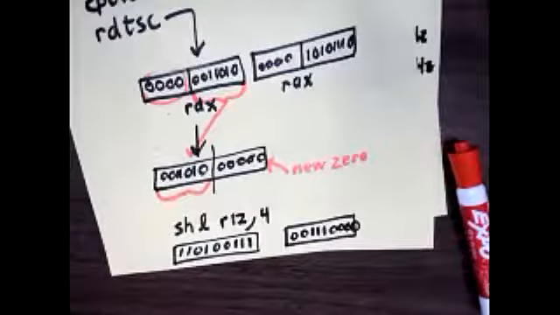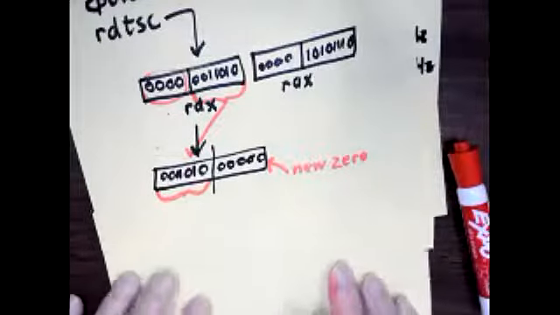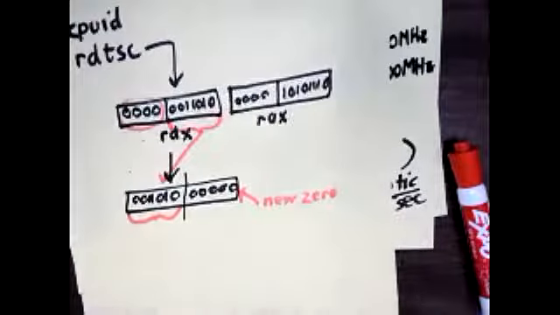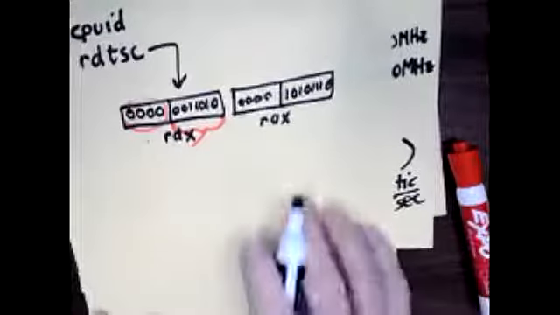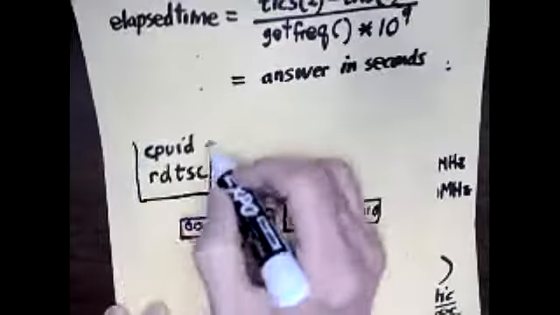Okay, so let's go back to the clock problem. The clock problem is we want to combine those two numbers, so we're going to start from right there. The first step is these two.